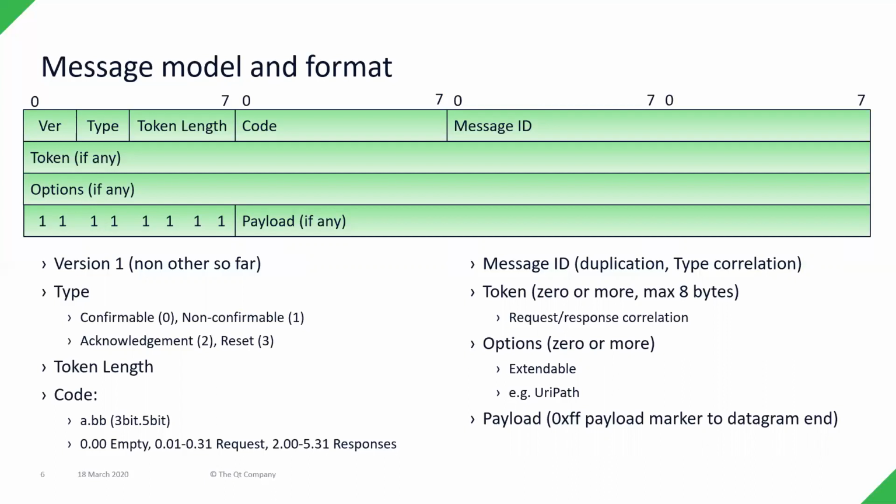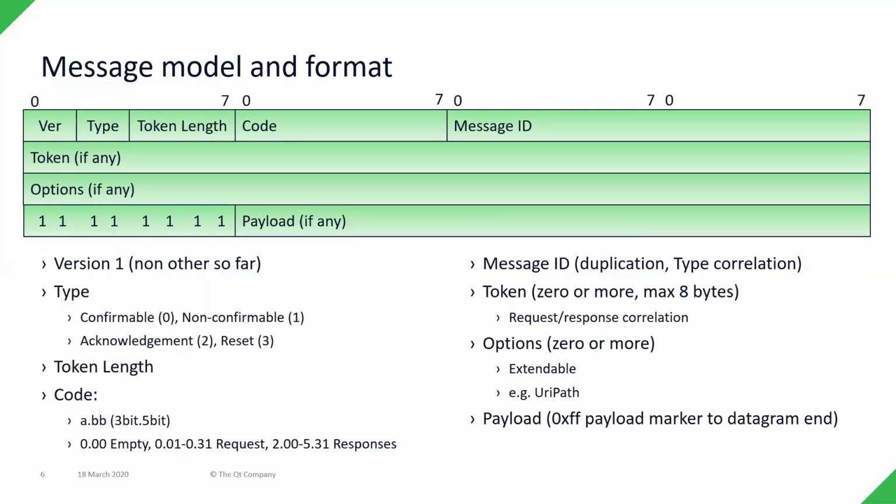The other option is the non-confirmable part, where we say, okay, it's fire and forget. I may or may not get something. That's trying to add some of the reliability into the protocol that UDP otherwise wouldn't give you.